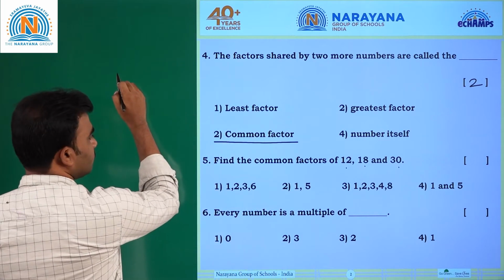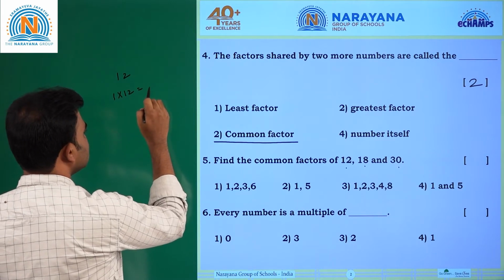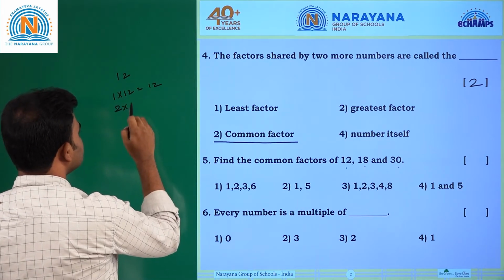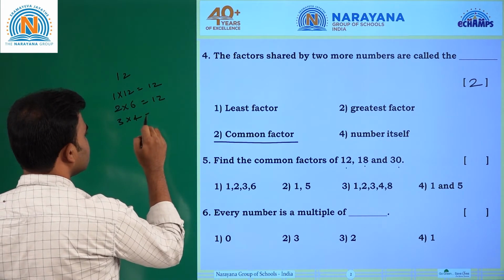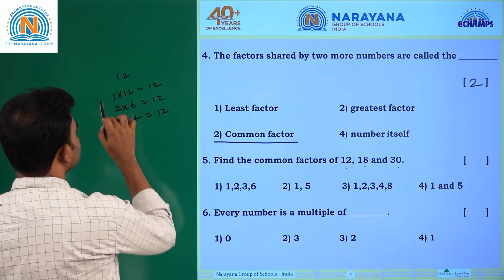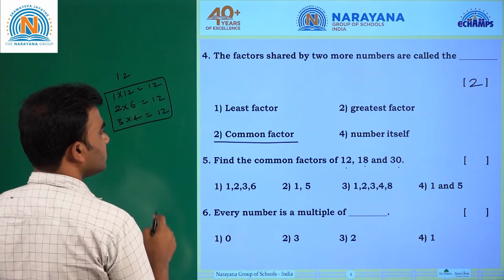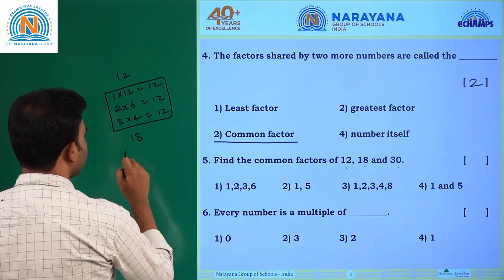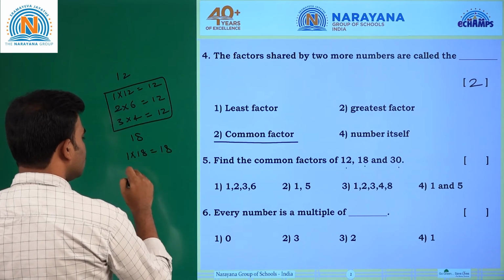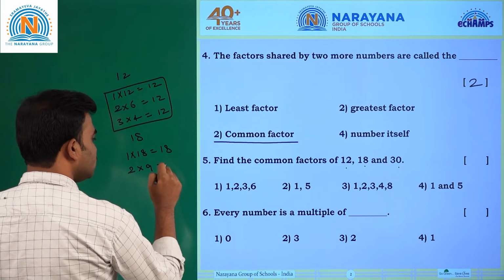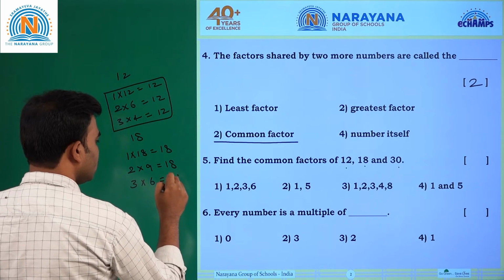What are the factors of 12? 12 factors are 1 into 12 is equal to 12, 2 into 6 is equal to 12, 3 into 4 is equal to 12. These are the factors of 12. And 18 factors can be written as 1 into 18 is equal to 18, 2 into 9 is equal to 18, 3 into 6 is equal to 18.